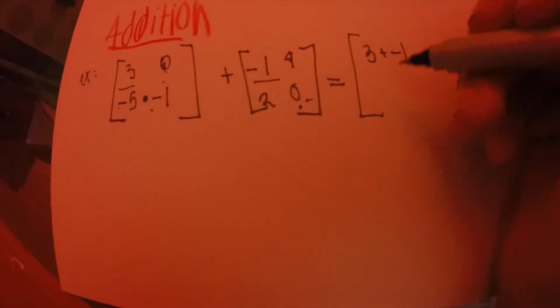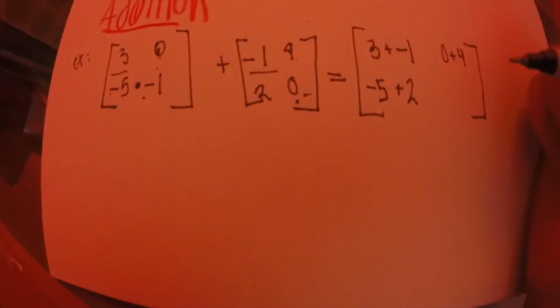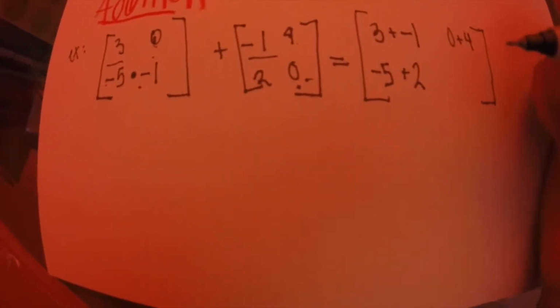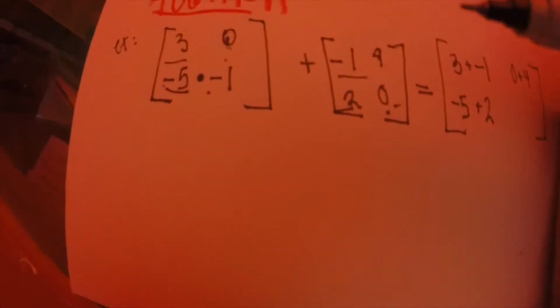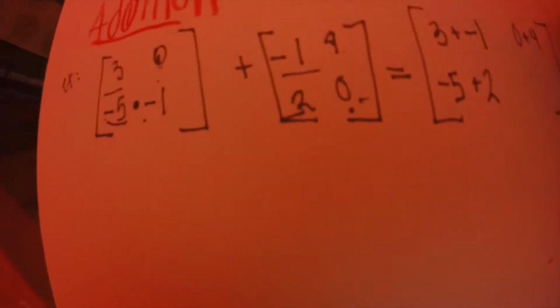We do -5 plus 2, given their placement. And we do -1 plus 0.